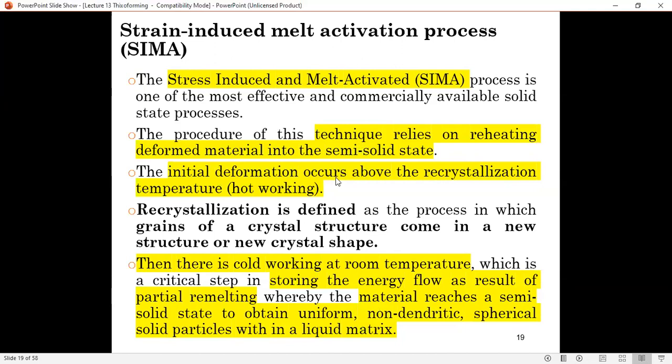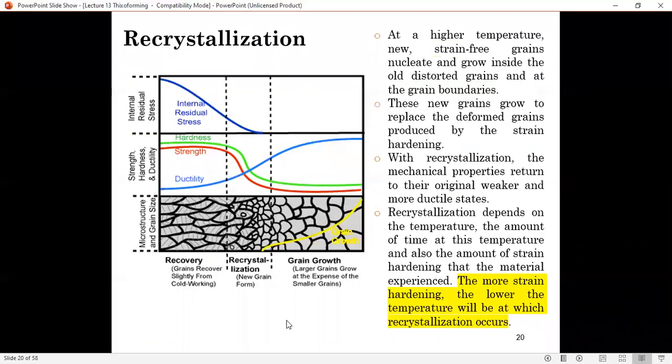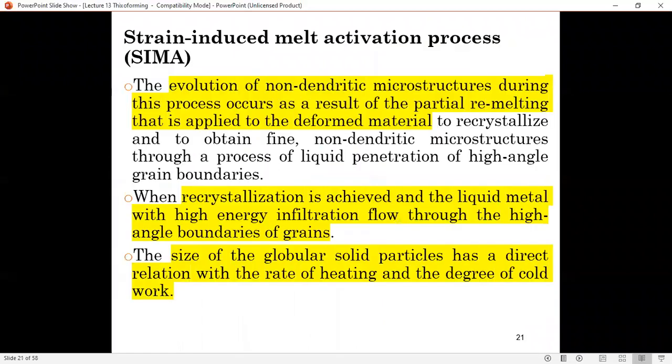Initial deformation occurs above the recrystallization temperature, and then there's a cold work at room temperature. What this does is store energy as a result of partial remelting. The material reaches a semi-solid state to obtain a uniform, non-dendritic spherical solid structure. I think you can read this on your own.